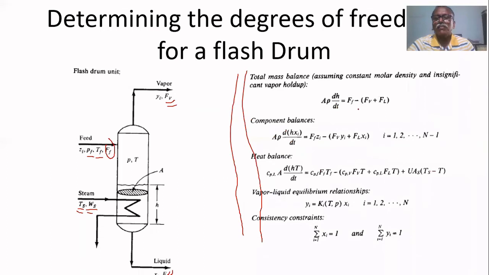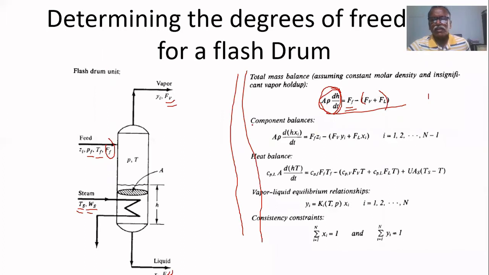If you write an equation for mass balance, the amount of mass accumulated inside equals the total inflow rate minus the total outflow rate, that is vapor outflow rate plus liquid outflow rate. If you subtract these two from the feed flow rate, you will get the rate of change of mass inside that flash drum. So you got one equation.